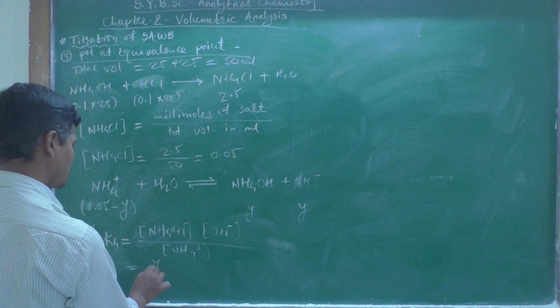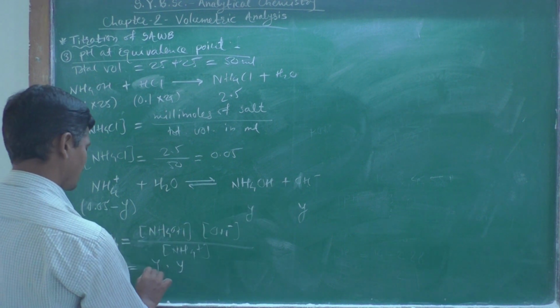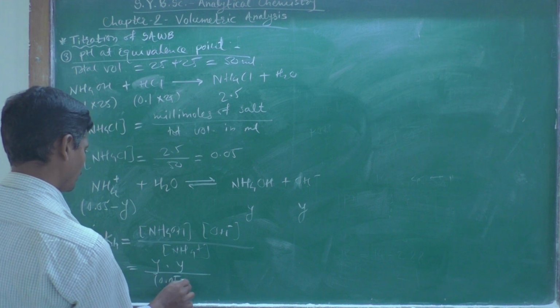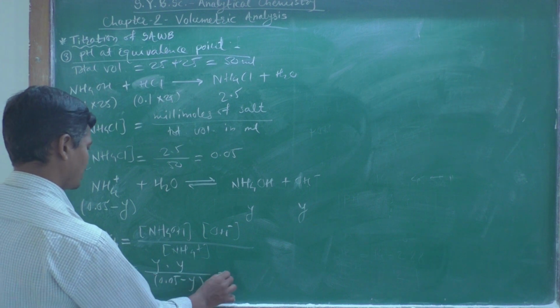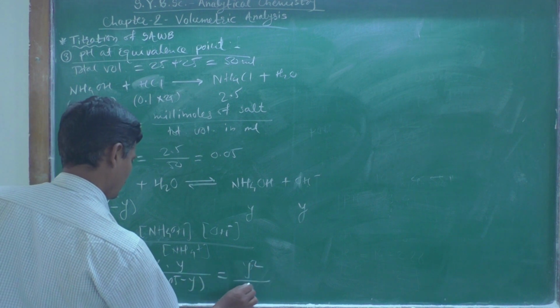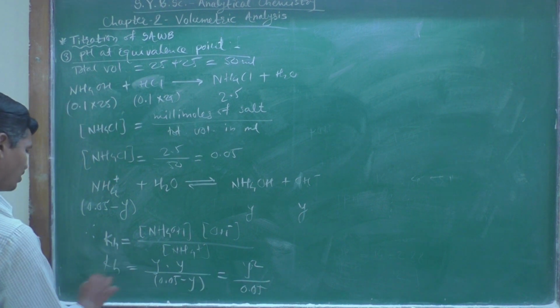The concentration of NH4OH is (0.05 − y), and the concentration of OH minus is y, so K_H is approximately equal to y square divided by 0.05. This is the formula for K_H.